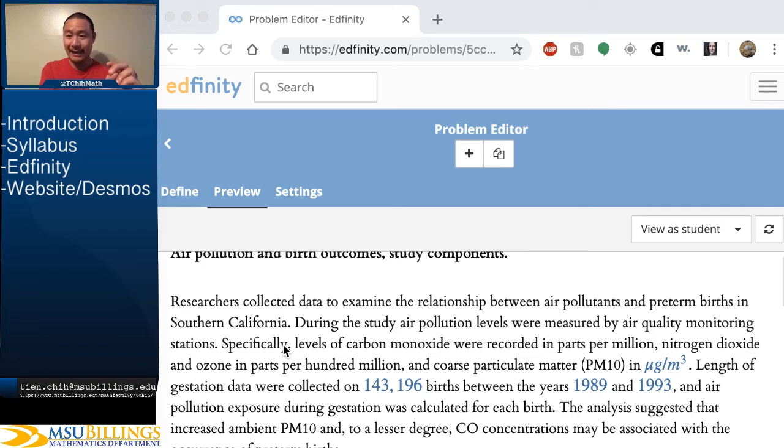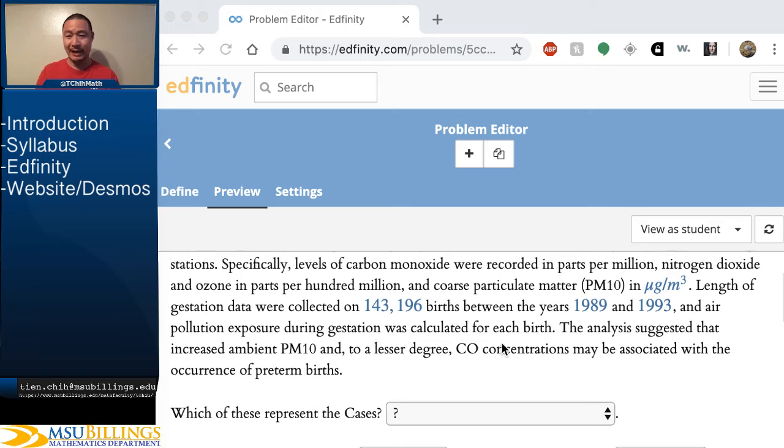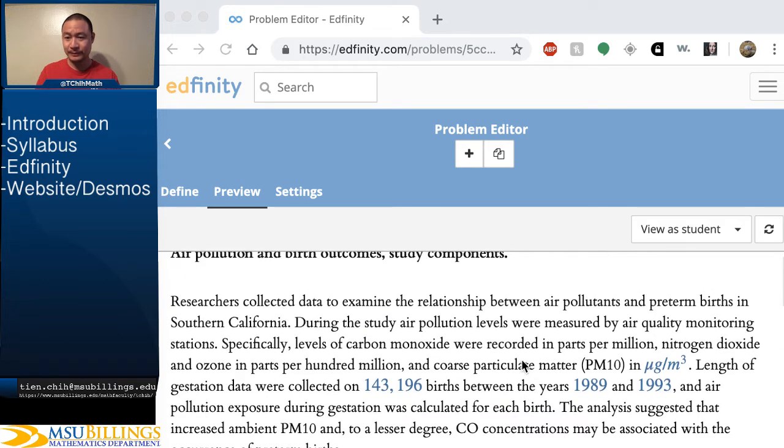And then length of the gestation periods were collected on 143,196 births between 1989 and 1993. And then the air pollutant levels were calculated for each birth.